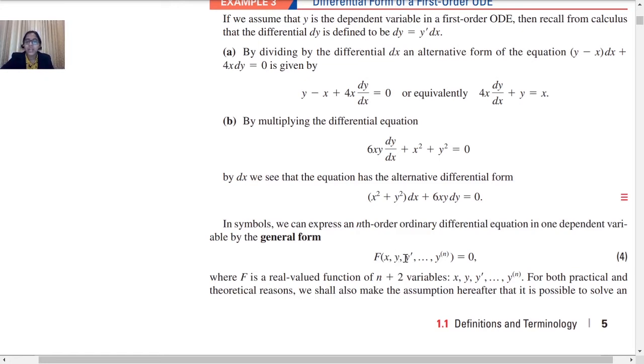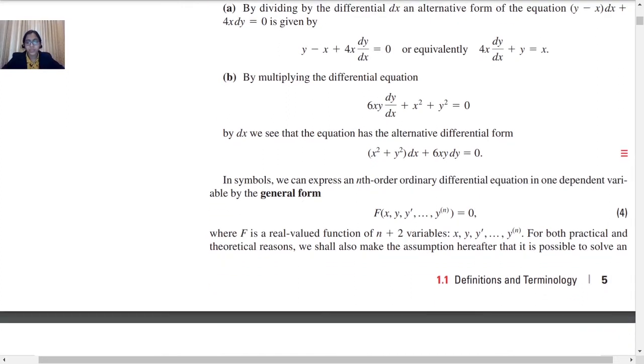Y dash and all will be the dependent ones, and the independent variable will be x. So we know that an ordinary differential equation contains just a single independent variable. So here we can write an ordinary differential equation in this form: f of x, y, y dash, etc., y raised to n equal to 0.